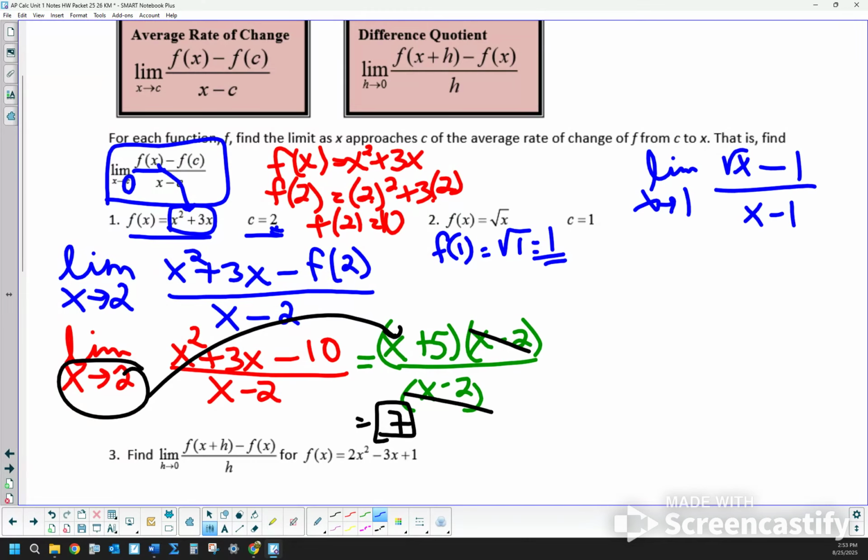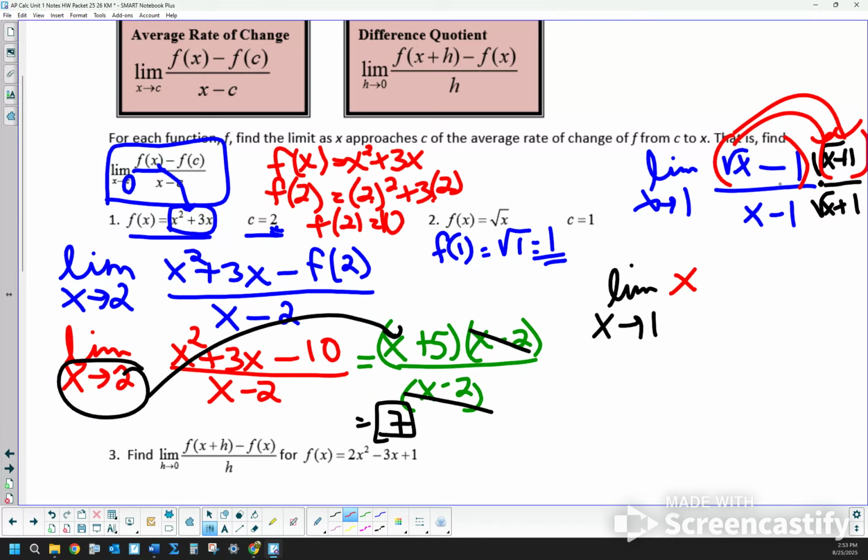Now with this one, we can't really factor, so we can go ahead and use conjugates. So I'm going to multiply the top and the bottom by the square root of x plus 1. And so now we can double distribute here. Square root of x times square root of x is x, plus and minus the square root of x, and then minus 1.